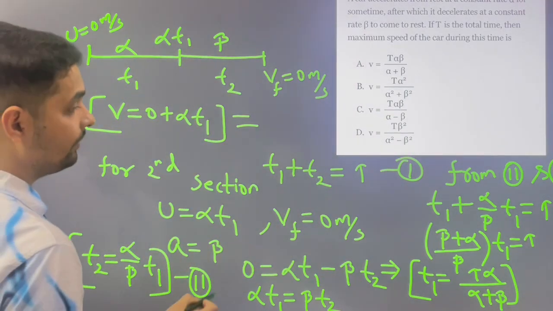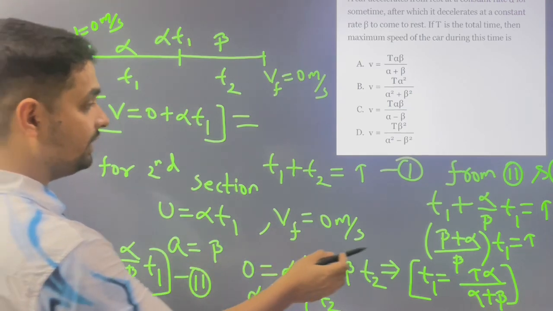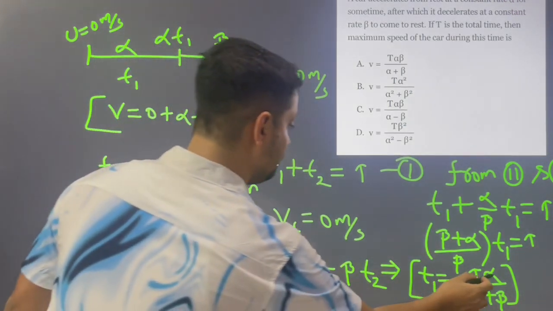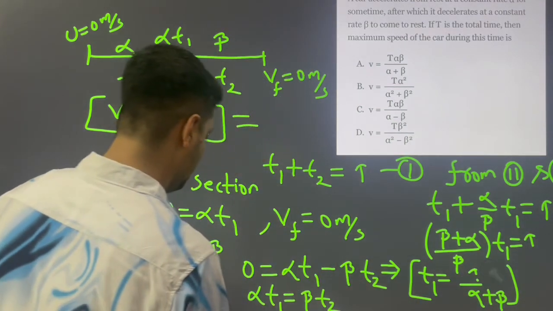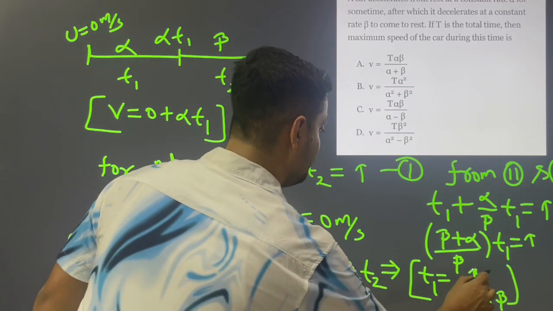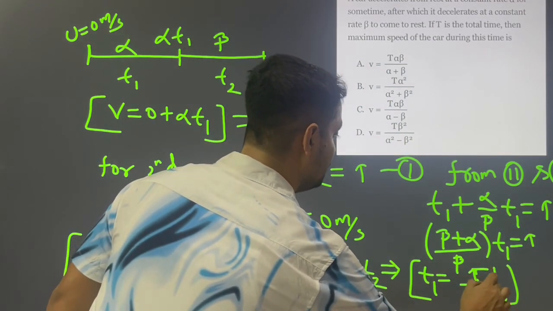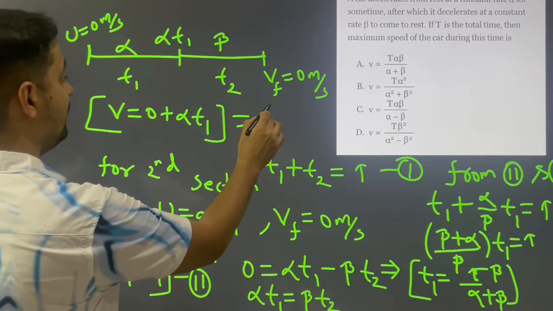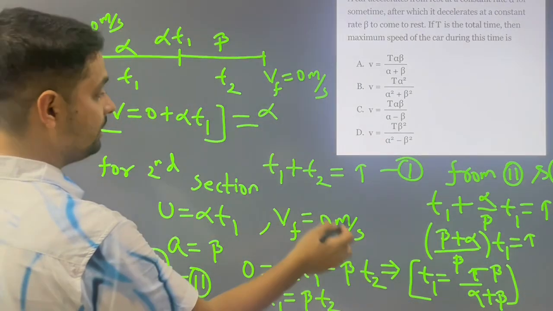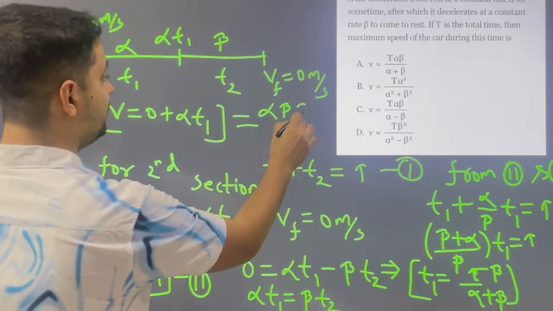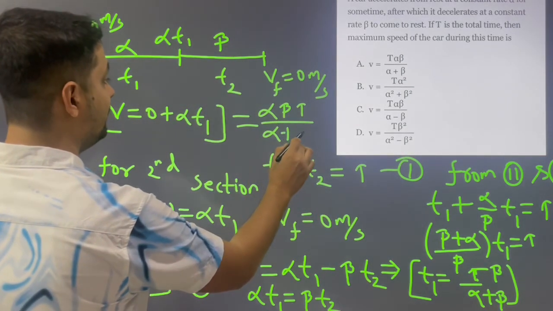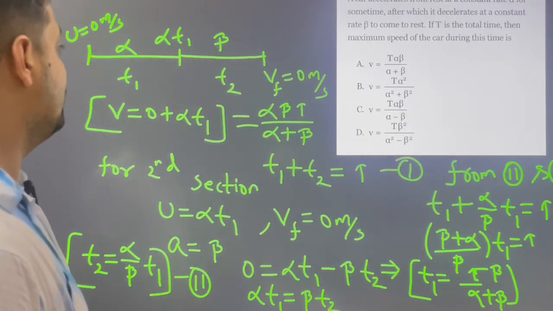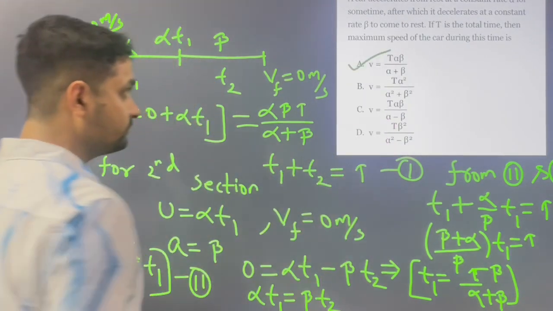Sorry, here I made a mistake; here you can write T beta. Because of cross multiplication it will come T beta divided by alpha plus beta. So here you put the value: alpha times beta T divided by alpha plus beta. So which is the right option? Option A is the correct one.